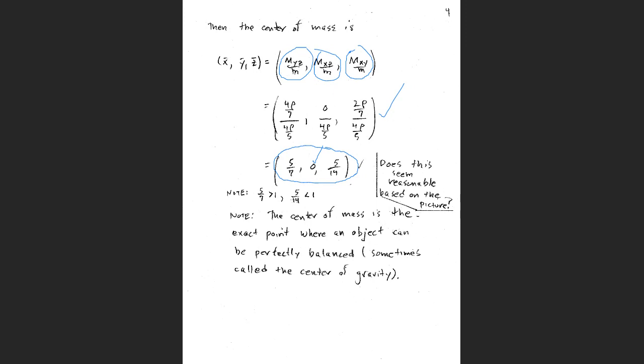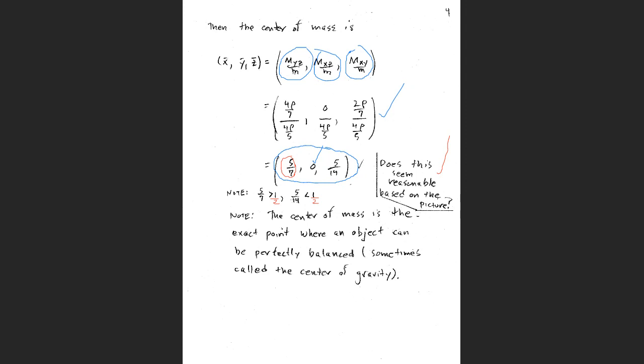For x bar, I got 5/7. 5/7 is greater than a half, and 5/14 is less than a half. I had ones there, but I meant halves. So, does this seem reasonable based on the picture? Does this seem like a reasonable answer?